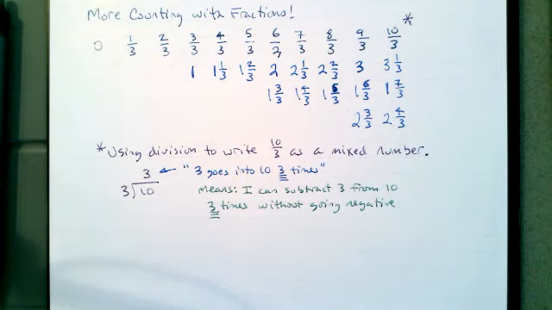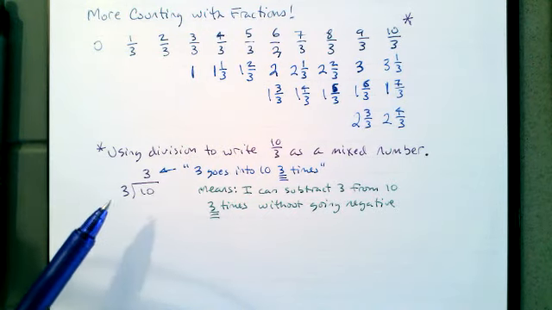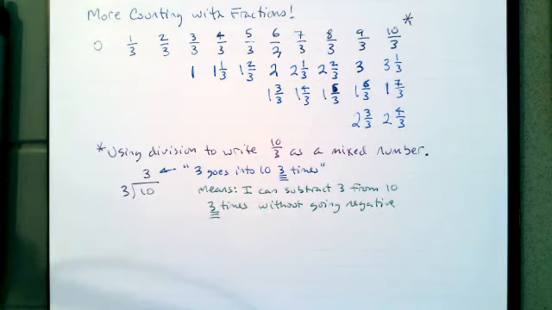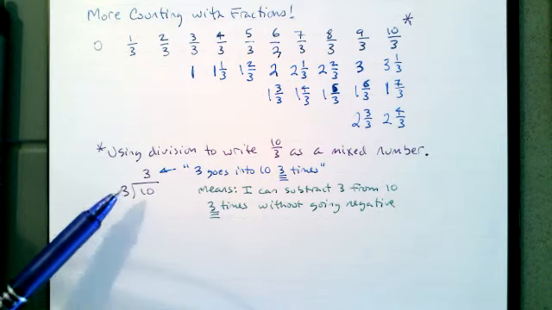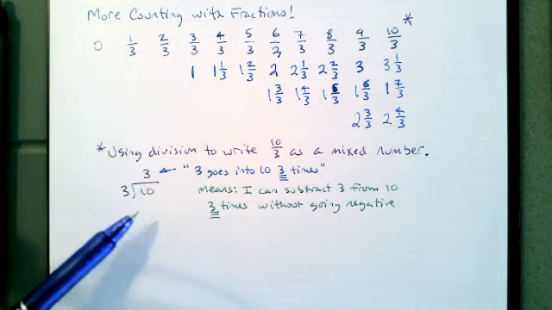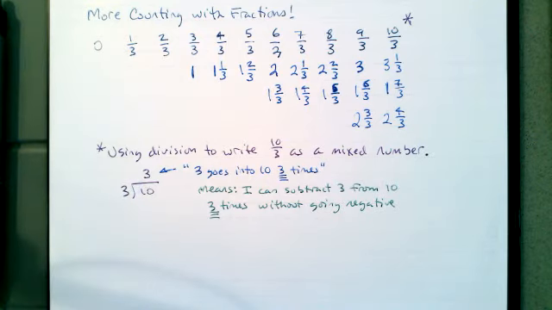But it was never made clear that if multiplication is repeated addition, then division should be repeated subtraction. I was never given that structure. And when I was taught this as a kid, probably that would have been too far along. But in algebra, no one ever told me that multiplication is repeated addition, so division should be repeated subtraction. And this 3 means the number of times I can subtract 3 from the 10 without going negative.